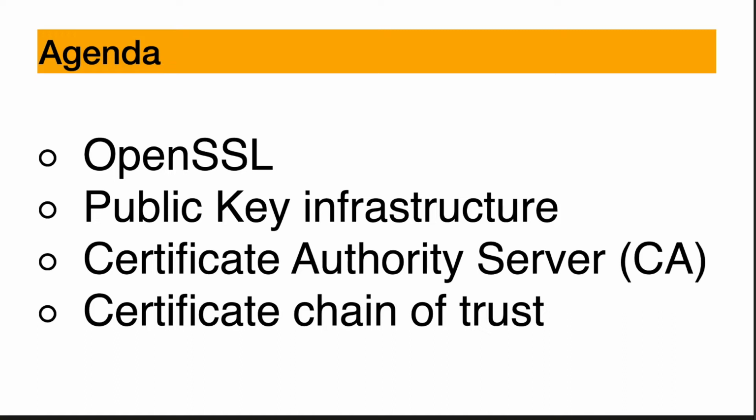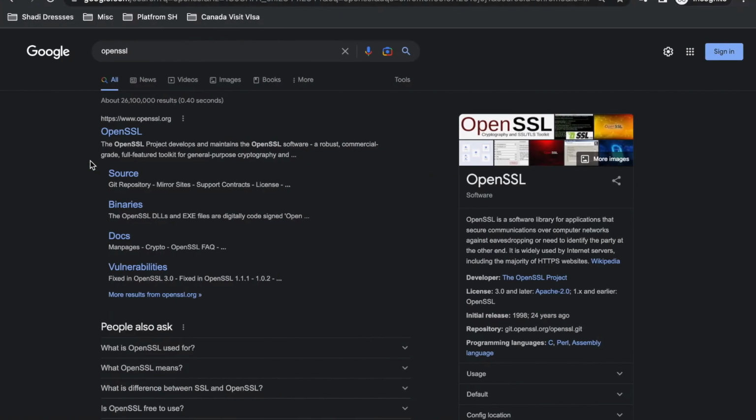Now, the very first thing is OpenSSL. What is it exactly? If we search OpenSSL on Google, you can see that OpenSSL is a software library for applications that provide secure communication over computer networks, and it is widely used by internet servers, including the majority of HTTPS websites.